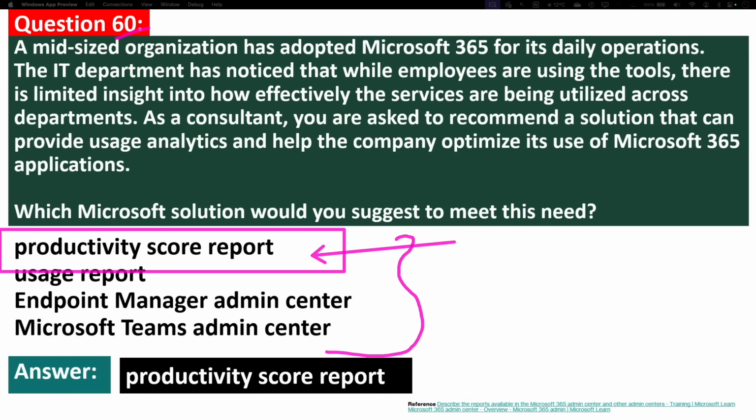In simple terms, it's like a report card for your organization's use of Microsoft 365. It shows how people are working, like using email, Teams, or OneDrive, and how the technology, like devices and network connectivity, is performing. It gives insights into both user behavior and technology experience.